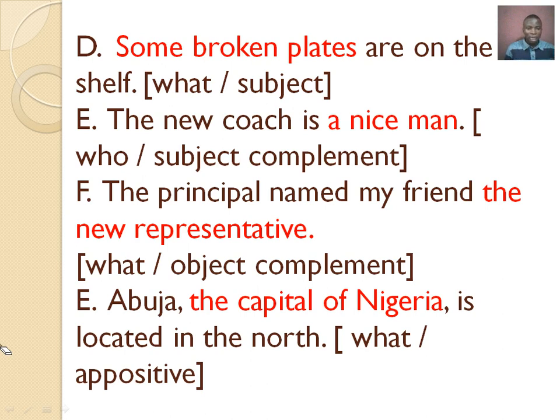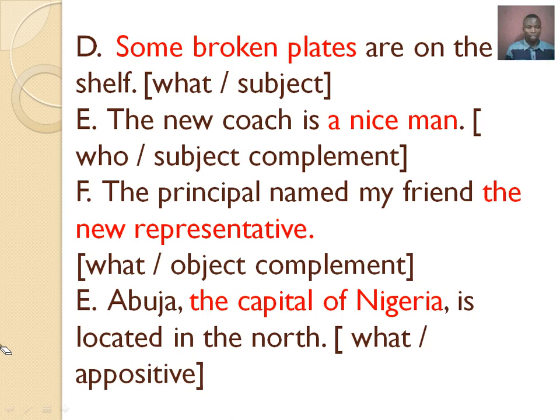F. The principal named my friend the new representative. The principal named my friend what? And the answer would be the new representative. And the new representative is the object complement. It is object complement because it comes after the object, my friend.